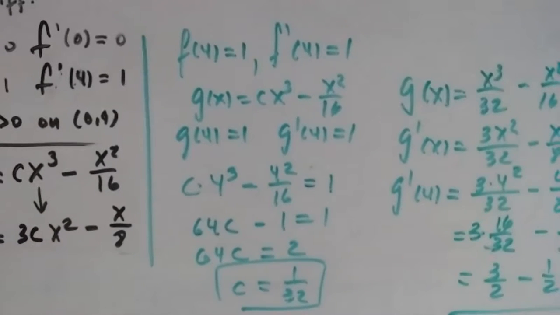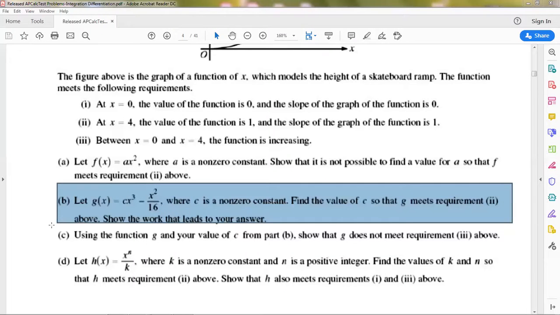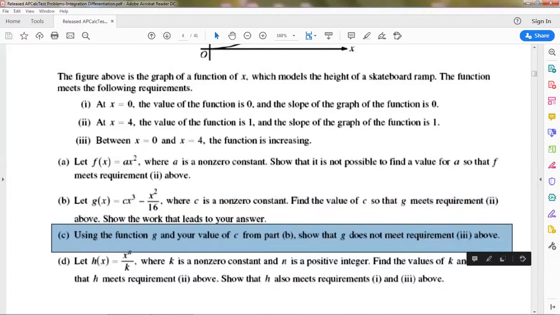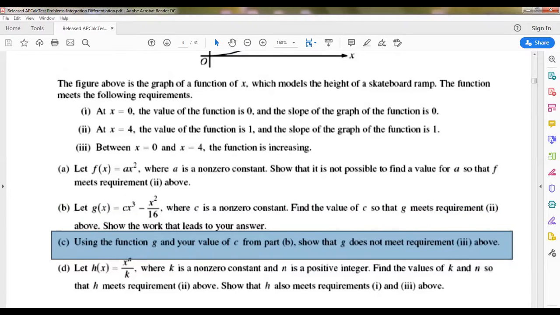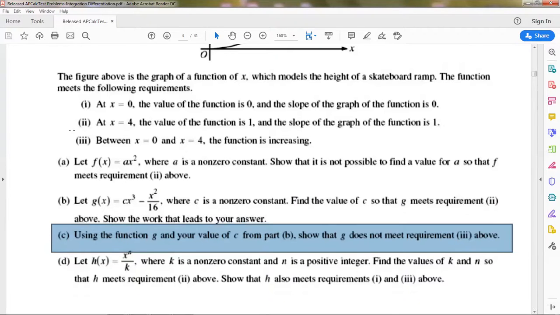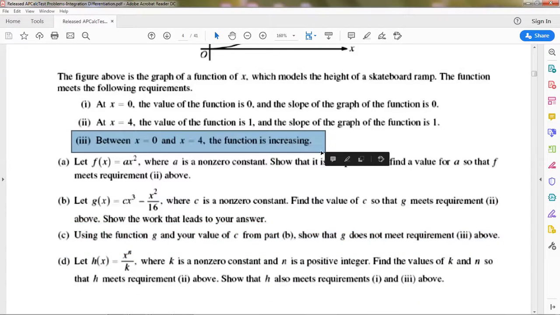Right? So right here, using the function g and your value of c from part B, show that g does not meet requirement 3 above. Okay, vamos a ver. Between 0 and 4, the function is increasing. Okay, let's see.